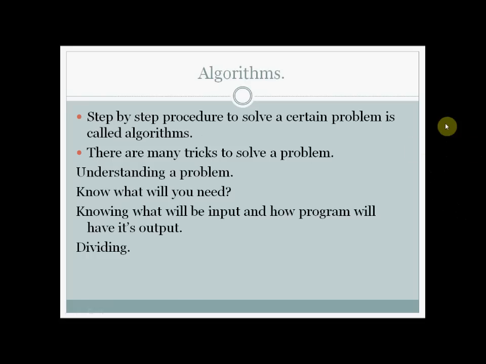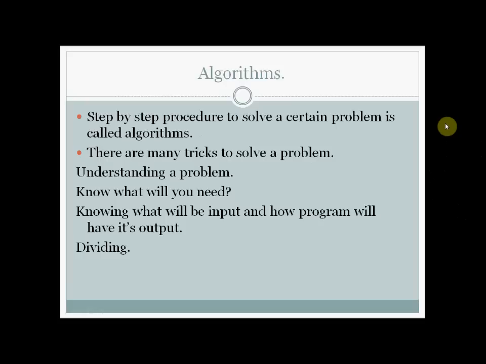First of all, algorithms. A step-by-step procedure to solve a certain problem is called an algorithm. There are many tricks to solve a problem. First of all, you should make your mind clear about a certain problem, and you must understand the problem. You must read the problem, and with a clear mind, you must know what you need in solving the problem.